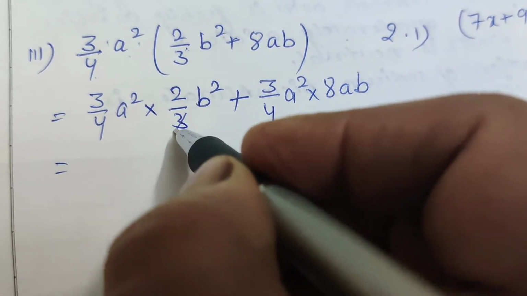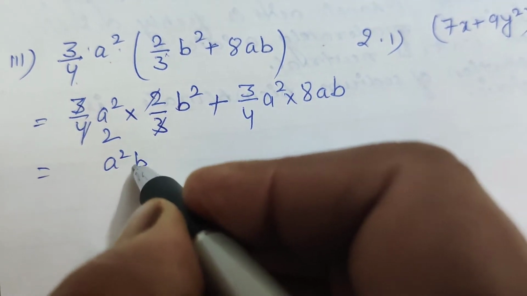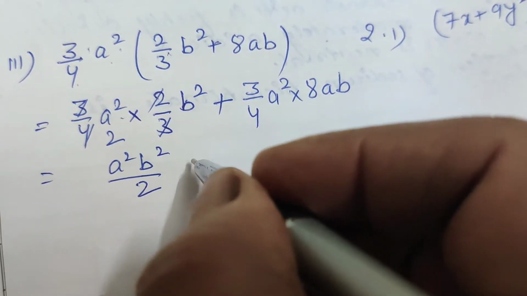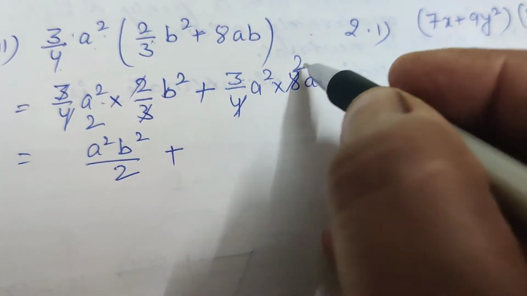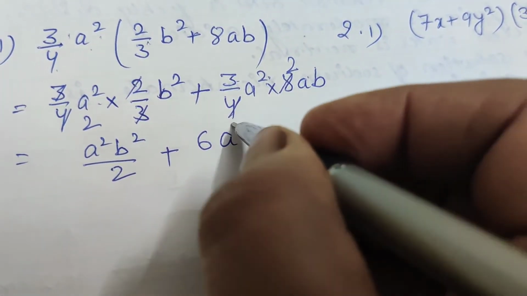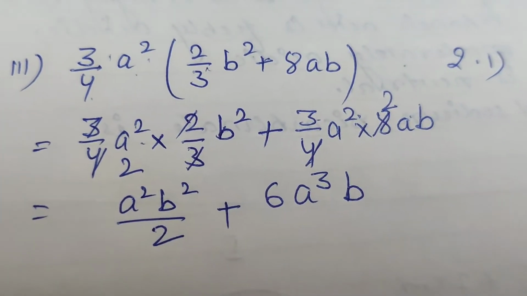Now 3 cancels, 2 twos are 4. It means a square b square divided by 2. A square b square by 2, plus 4 twos are 8, 3 twos are 6, a: 2 plus 1 is 3, and b. This is the answer of the third.